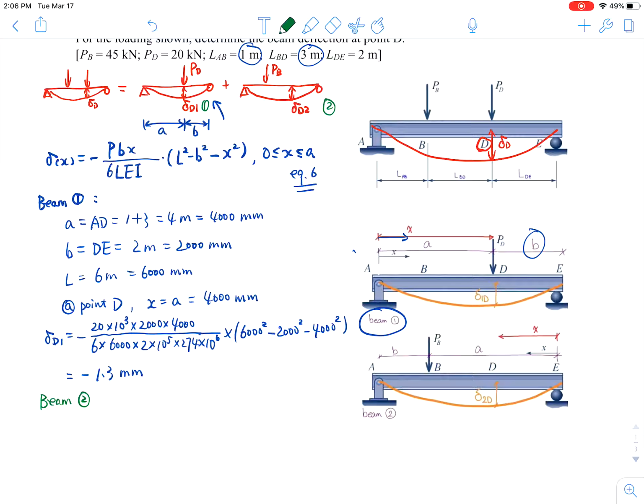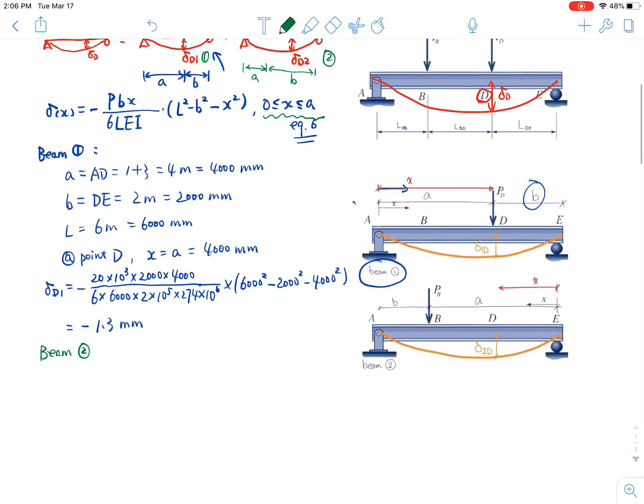As we mentioned, you cannot directly use this equation, because in beam 2, if you do not change the x coordinate, x starts from the left-hand side, then your A is here, and your B is here, and the target point D will be located between A and A plus B. You cannot use this equation since it's only applicable when x is within 0 to A. So to use this equation, we need to change the direction of the x coordinate.